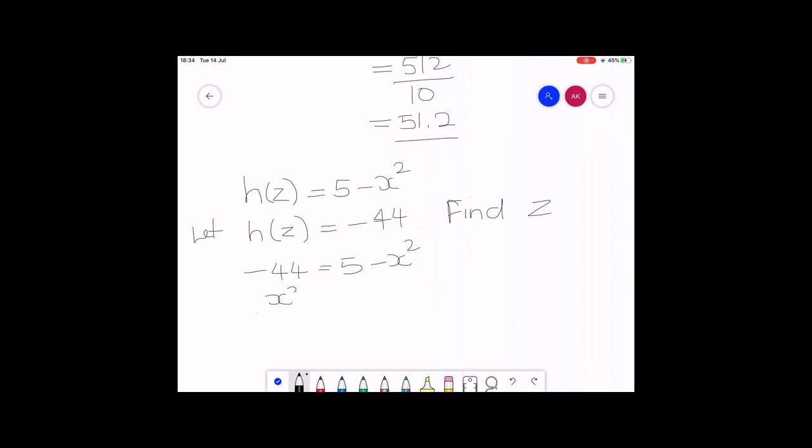I'm going to take x squared to this side, 5 plus 44, sorry for that, this is a 44. So it's 5 plus 44, which gives us a result of 49. So our x is equal to plus or minus 7. So we actually have two values of z that we can put in.